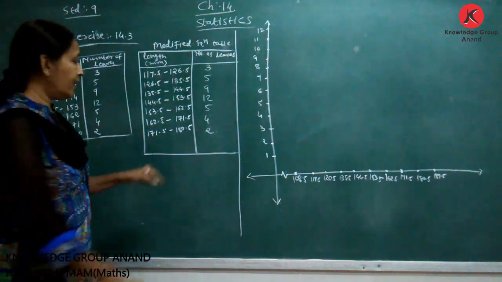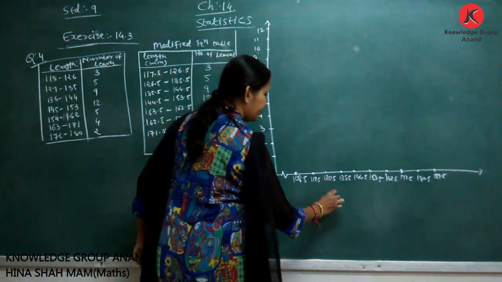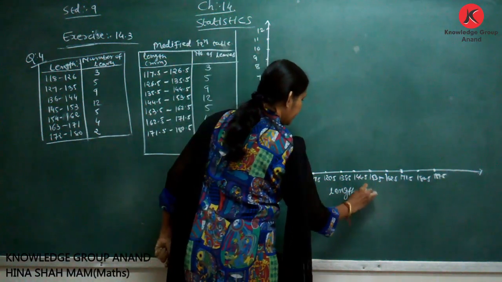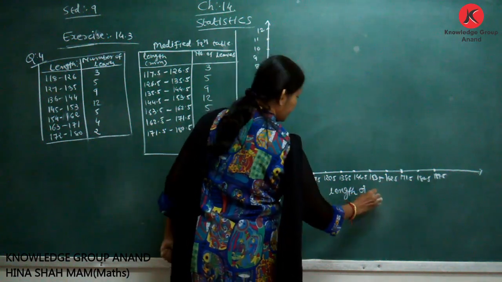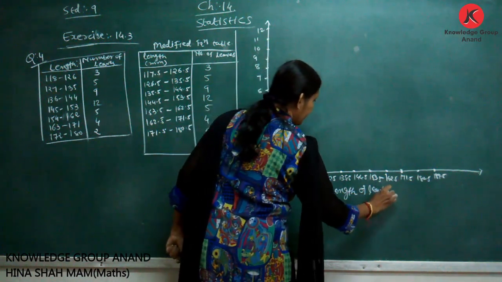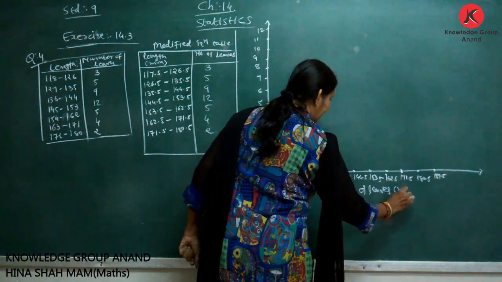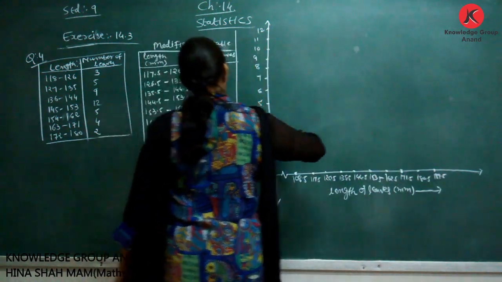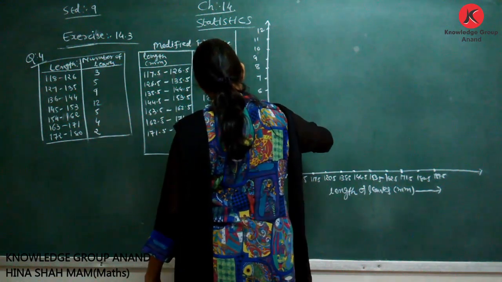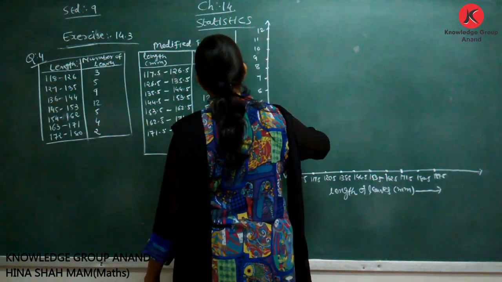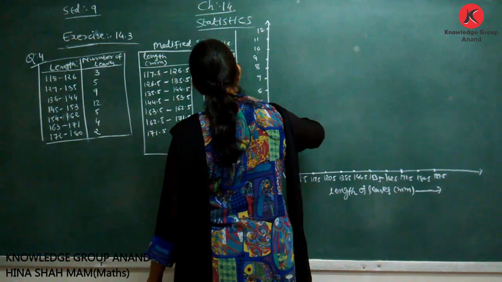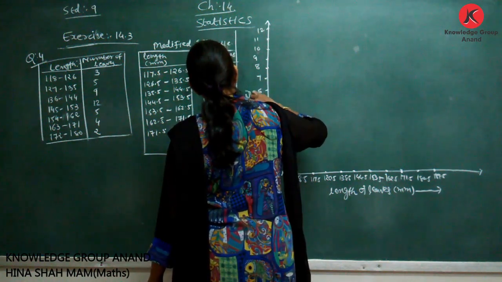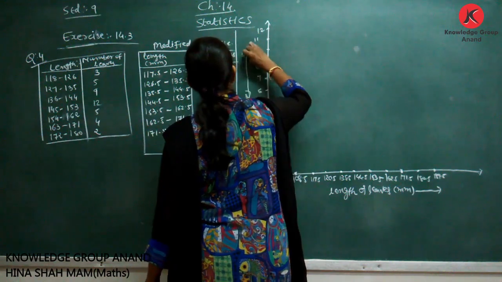Here we write length of leaves in millimeter, and here we write number of leaves.